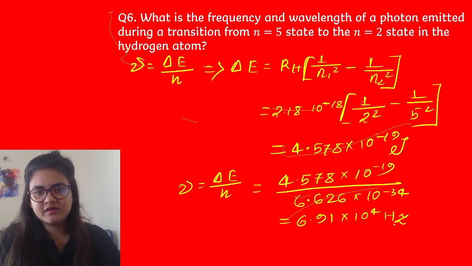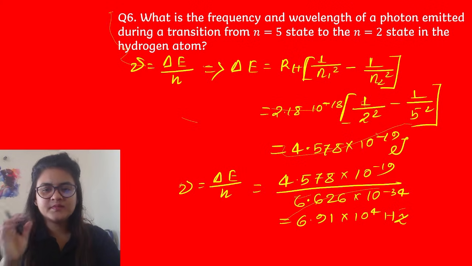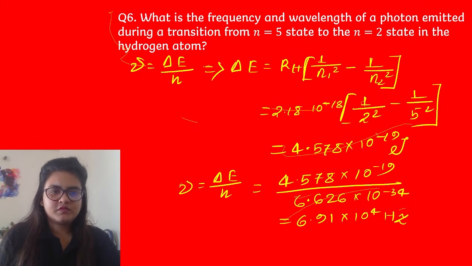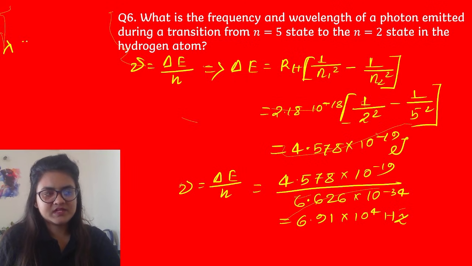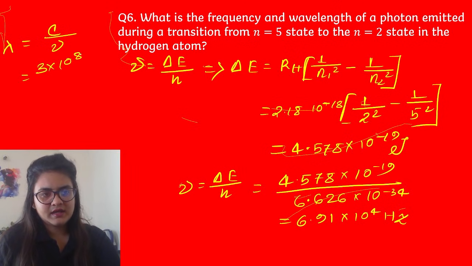Okay, so I have calculated the frequency. Now I have to calculate the wavelength. We know the formula of wavelength is lambda equals c by nu. So c is the speed of light, that is 3 into 10 power 8, divided by nu, which we just calculated as 6.91 into 10 power 14.